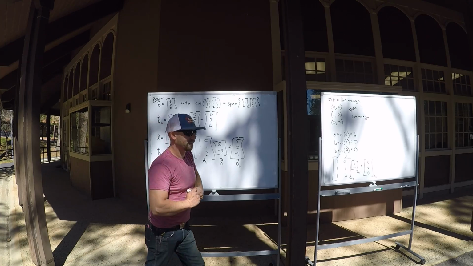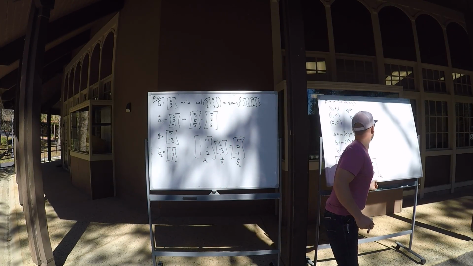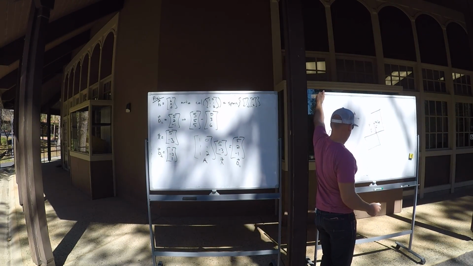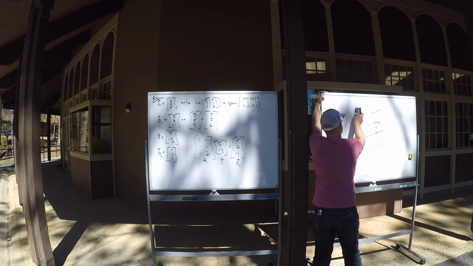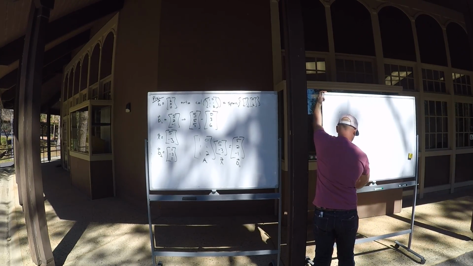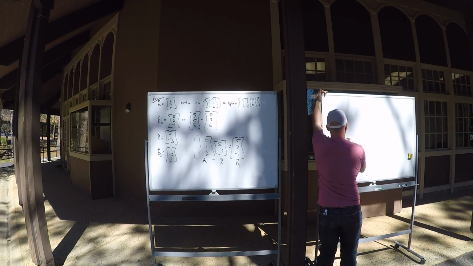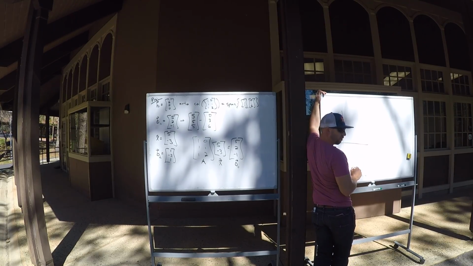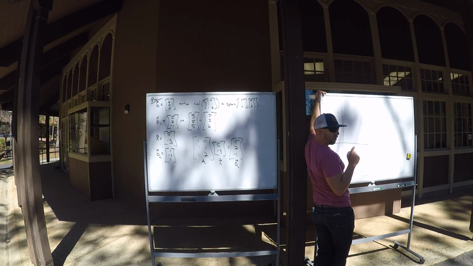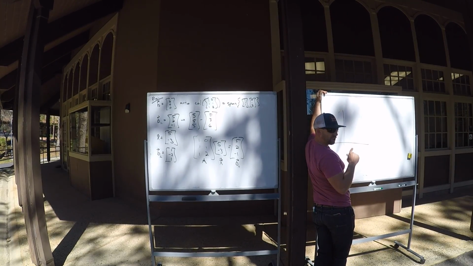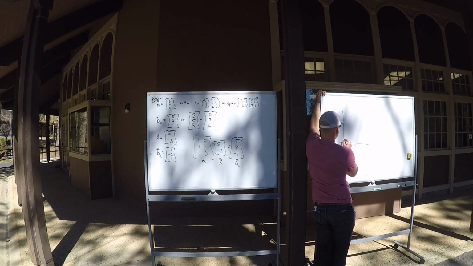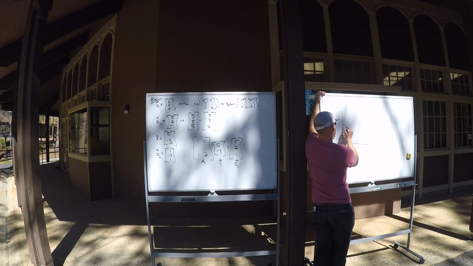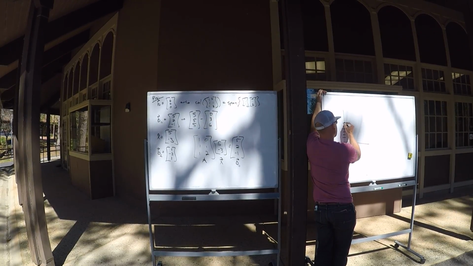Really carefully, let's plot the points that we started with. The points we started with were 0, 6, so 0 over, 1, 2, 3, 4, 5, 6. So a dot there.